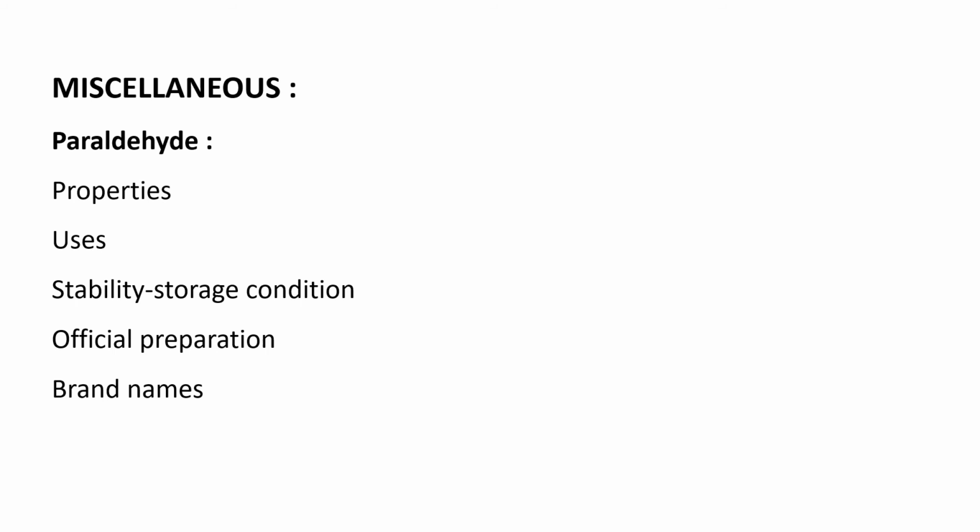Then the next drug, that is paraldehyde. Paraldehyde occurs as pale yellow liquid with strong characteristic odor and unpleasant taste, freely soluble in water, miscible with alcohol, chloroform, ether and fixed oils.